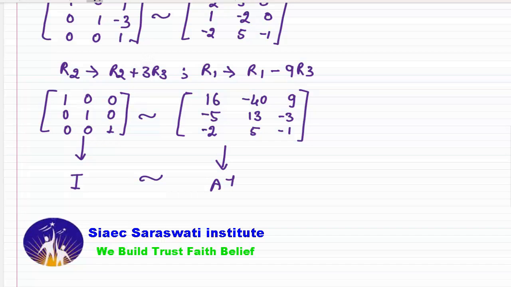So hence we can say A inverse is equal to 16, minus 40, 9, minus 5, 13, minus 3, minus 2, 5, and minus 1. That will be the answer for the given matrix.